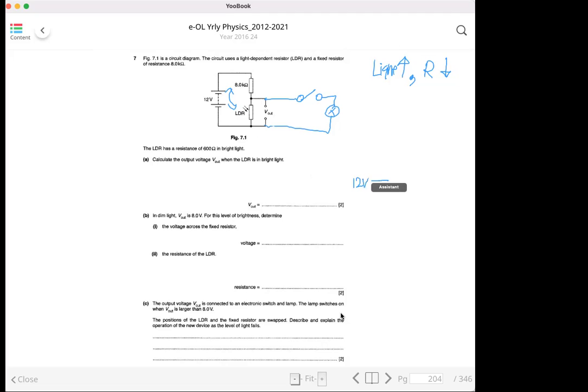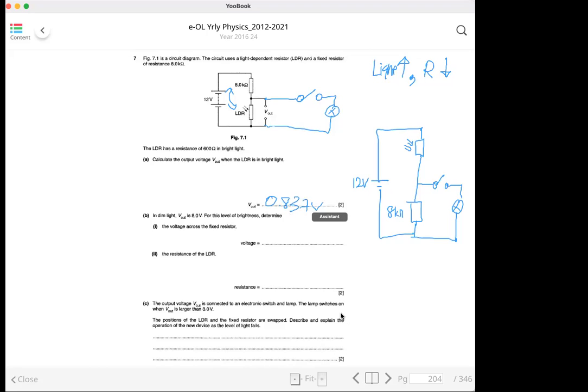So let's redraw it so that it's easier to see. So how do we do this question?